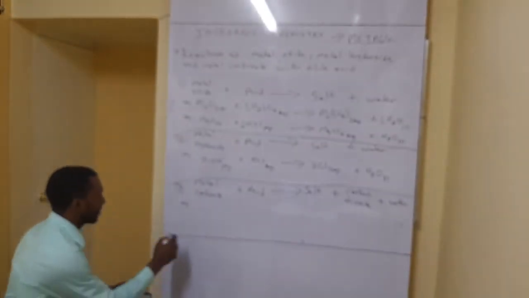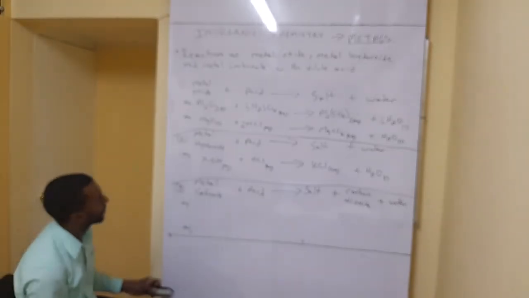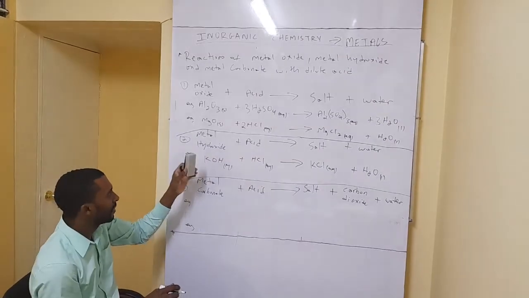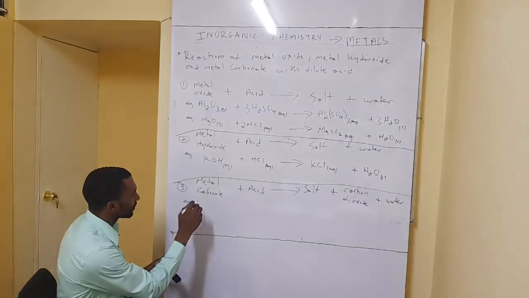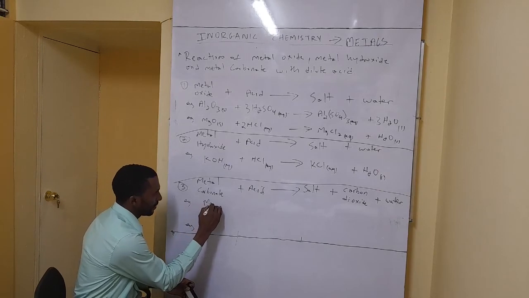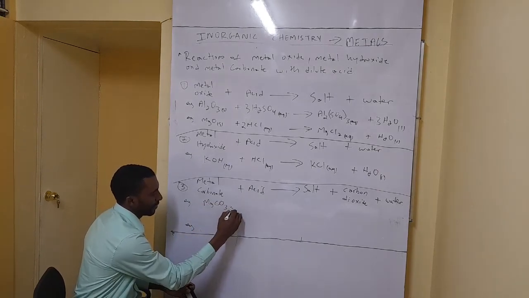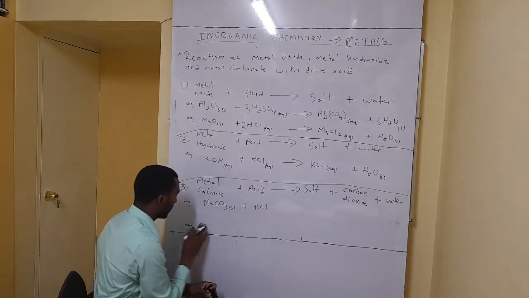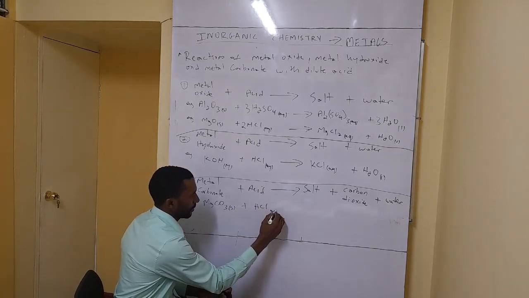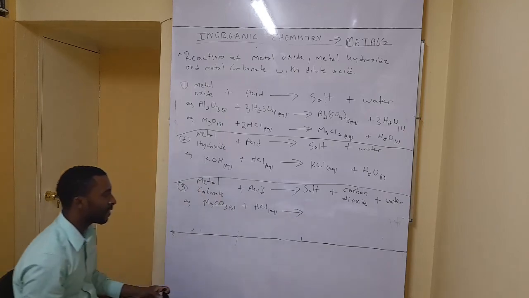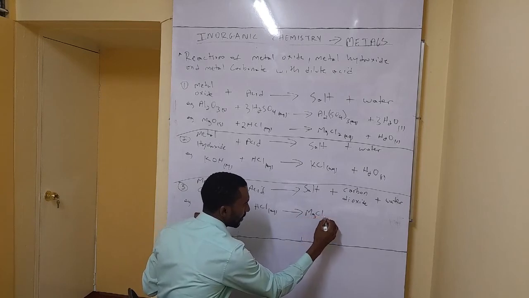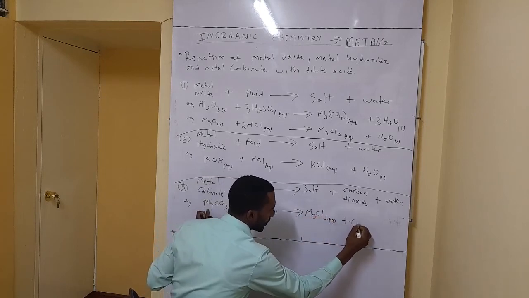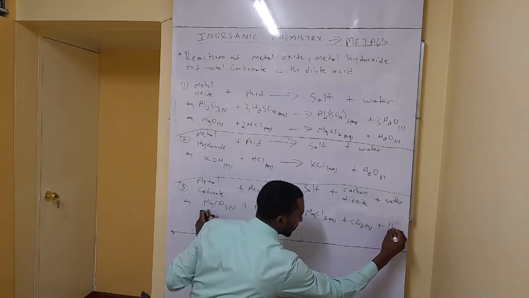Let's write 2 examples of the carbonate, since we're not going to do a lot of acid here. We're going to look at acids, bases and salts, and we're going to do a lot of these equations. Carbonate, so MgCO3 solid plus HCl produces what? Salt, carbon dioxide, and water. So the salt is chloride, MgCl2, plus CO2 gas plus water.